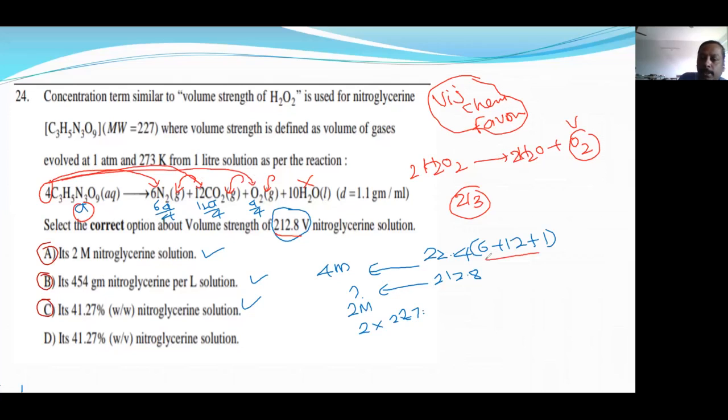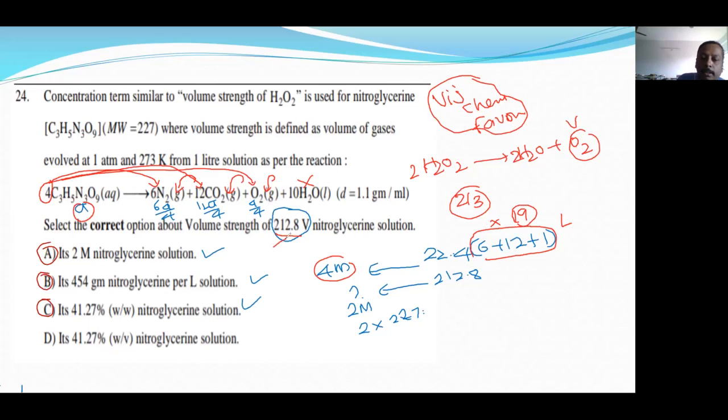So total moles collected will be how much? 6 plus 12 plus 1, that is 19 moles. Okay. So if I use 4 moles of nitroglycerin, I will get 19 into 22.4 liters. So 4 moles stands for 22.4 into 19 liters.